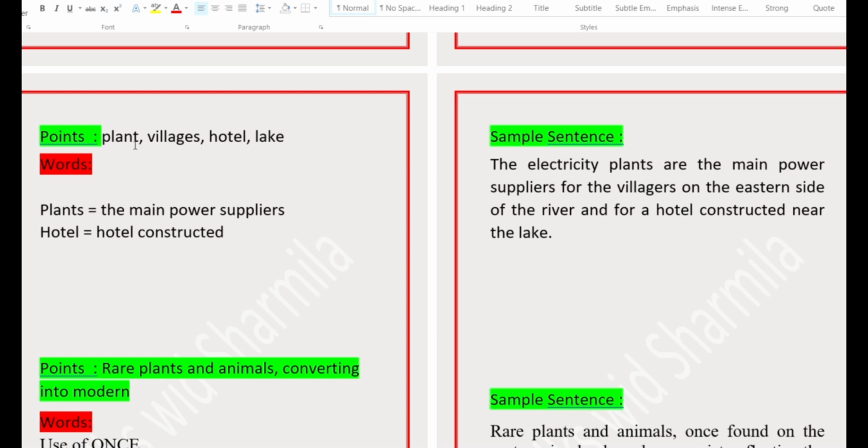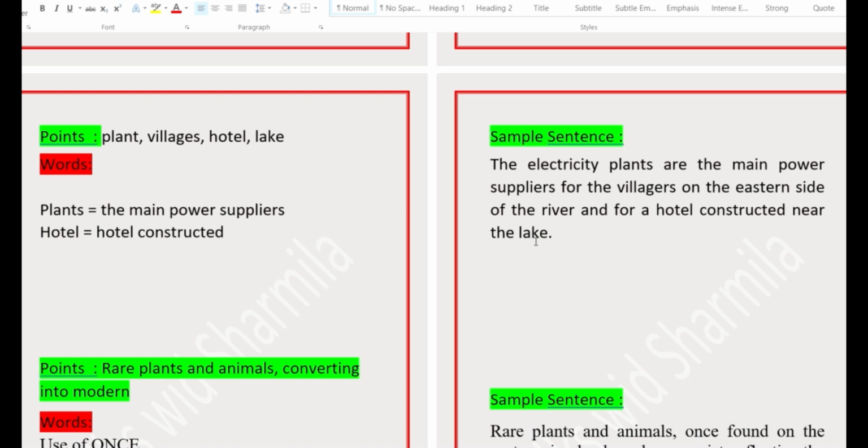The electricity plants are the major power suppliers for the villages on the eastern side of the river and for a hotel constructed near the lake. The electricity plants are the main source of suppliers for the villages on the eastern side of the river and for a hotel constructed near the lake. Here, if you think that it is the past tense essay, you can convert it into "the plants were." Fine.